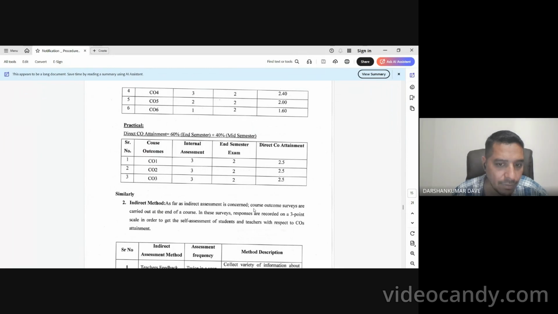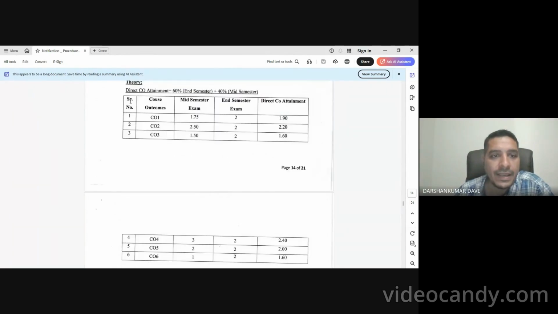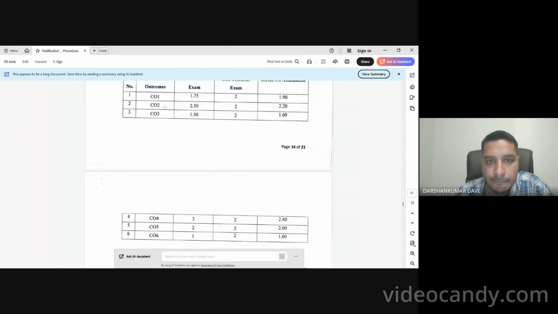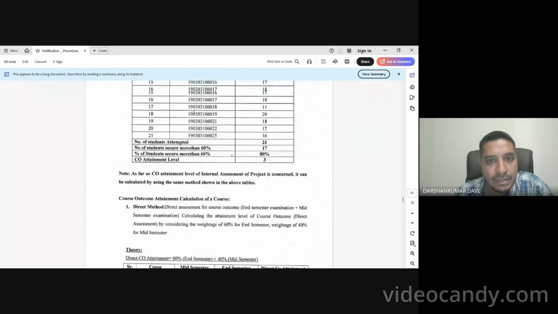So here you see, this is where they have written the attainment. They have written course outcomes for a particular course, right? Yeah, this table.